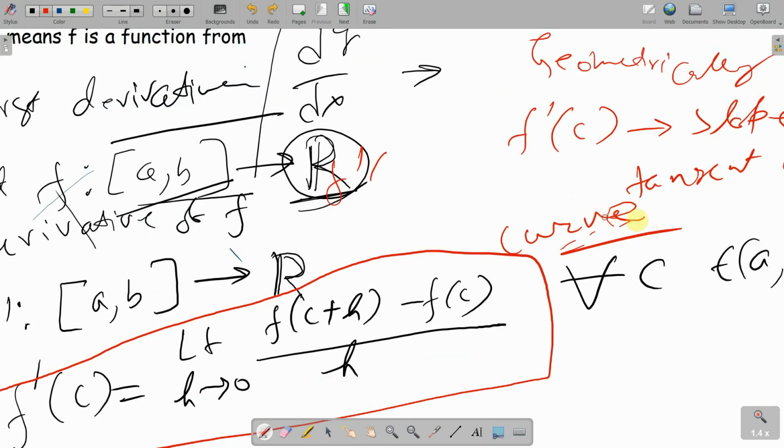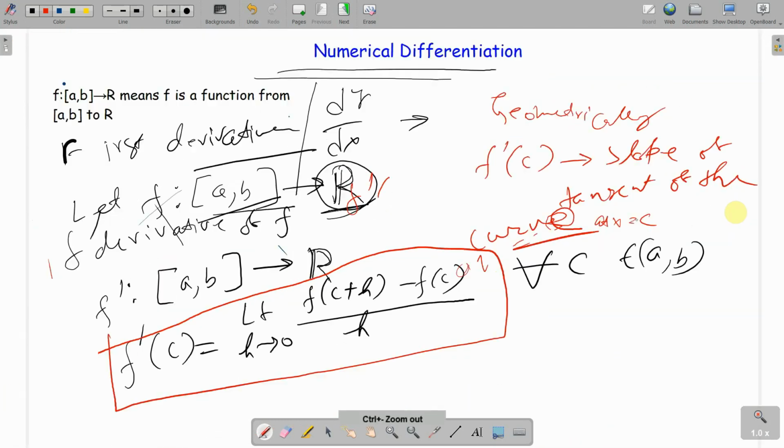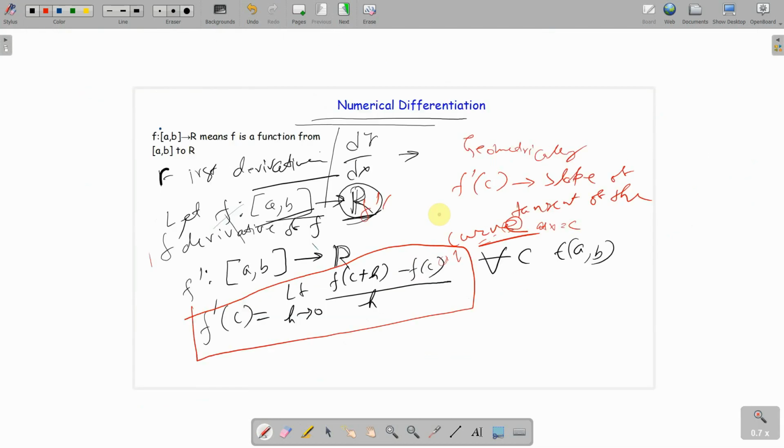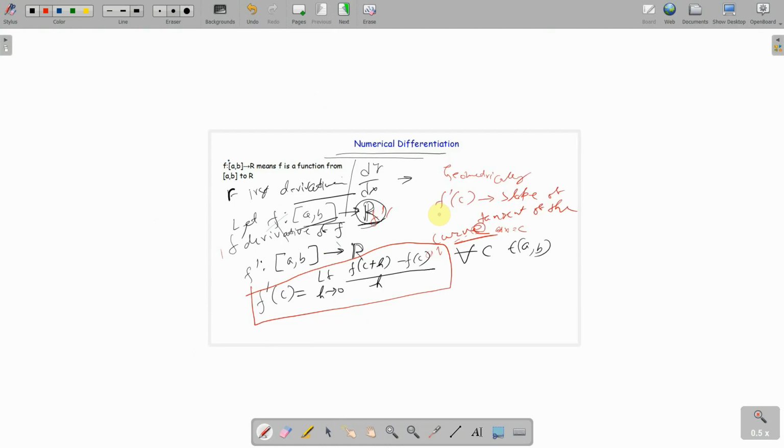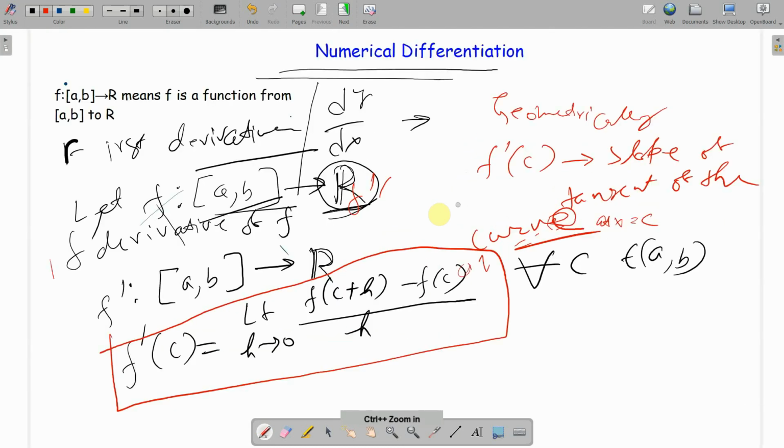So it is called the tangent of the curve at x equals c. Got it? This thing you remember from your school.